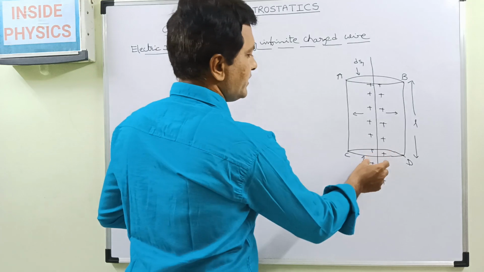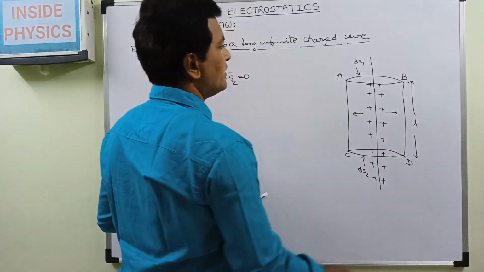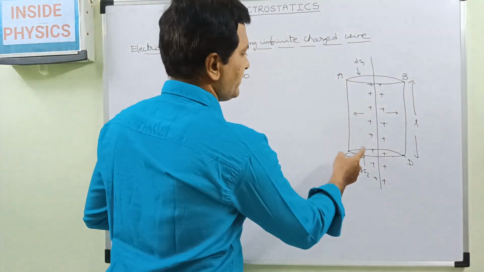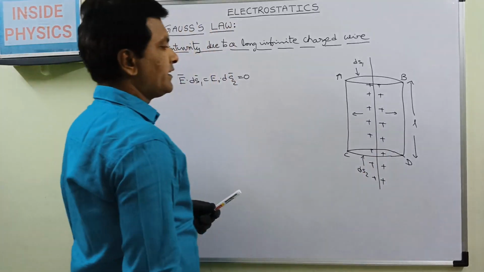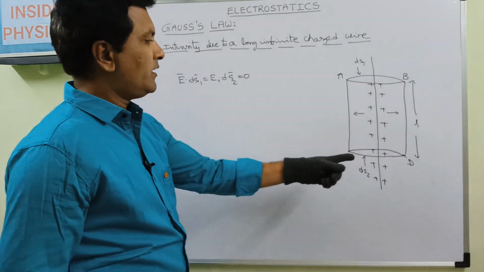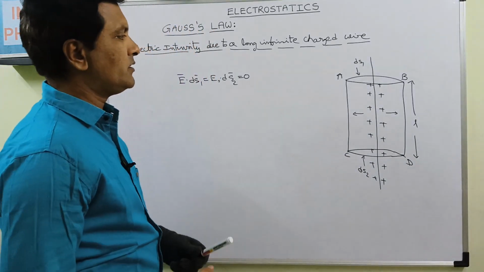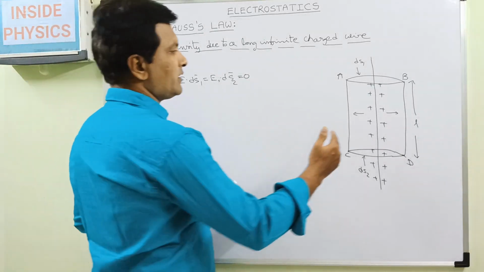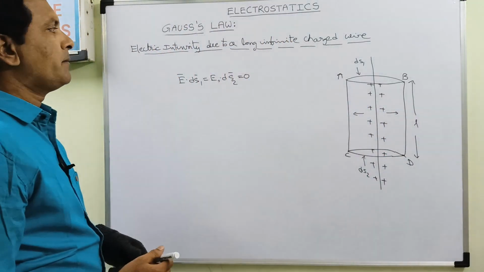In this way we can say the flux coming out of these end surfaces will be 0. The flux will only be coming out from the curved surface.